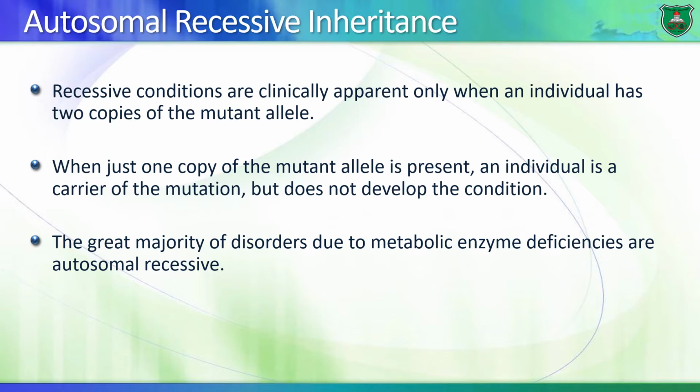Now, the majority of disorders due to metabolic enzyme deficiencies are autosomal recessive, because these enzymes are important. Meaning that if a fetus has both alleles mutated, this fetus would not survive. So that's why most of them are recessive disorders.